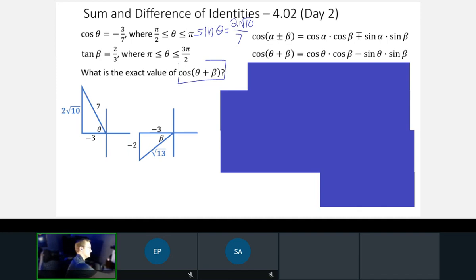All right. So we want sine of theta, and we want cosine. You know what? It's beta, not theta. Let me write that just for correctness, even though I think all of you know what I'm doing.